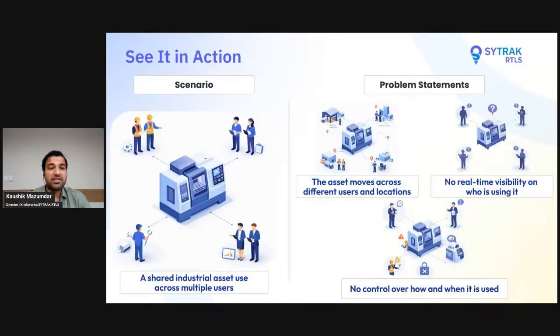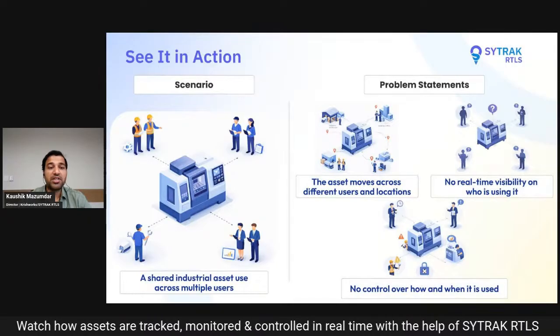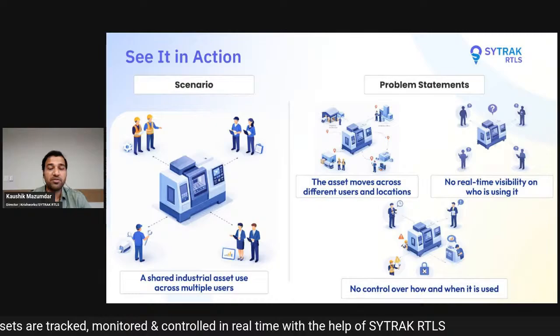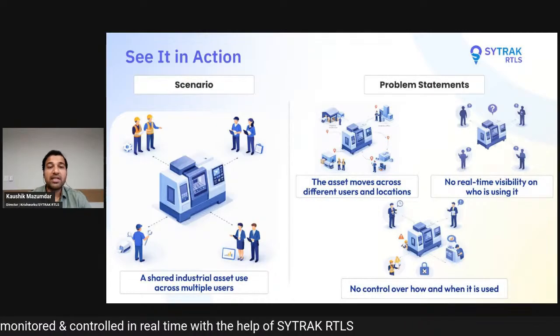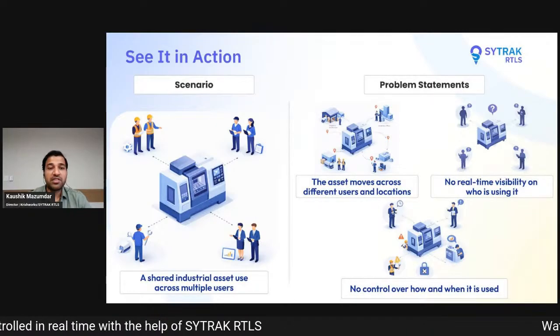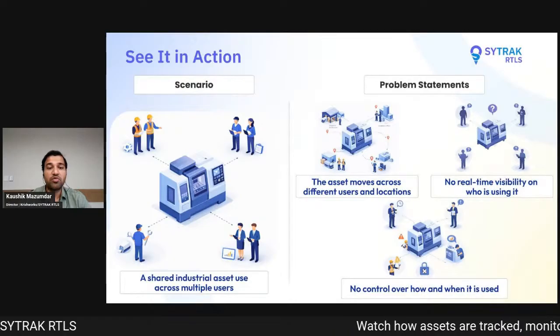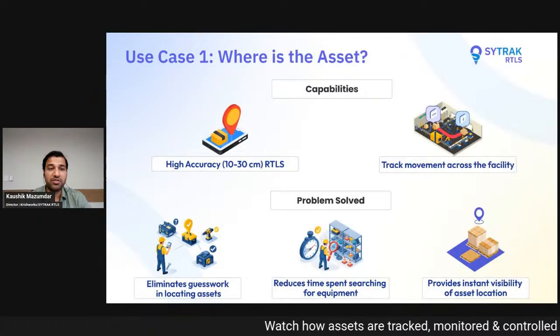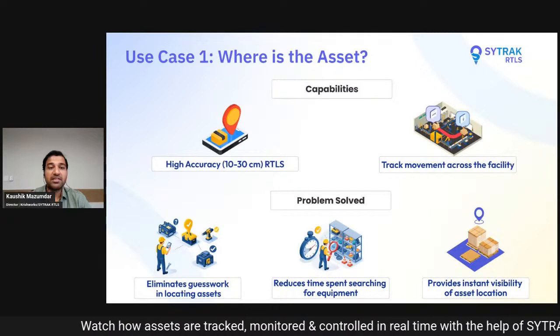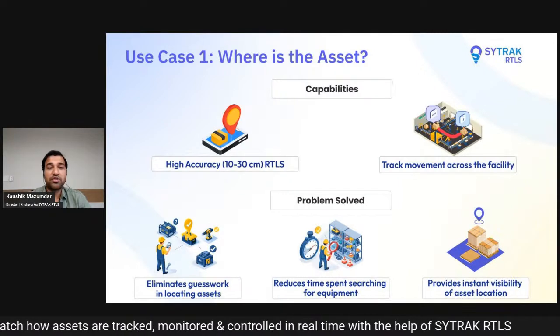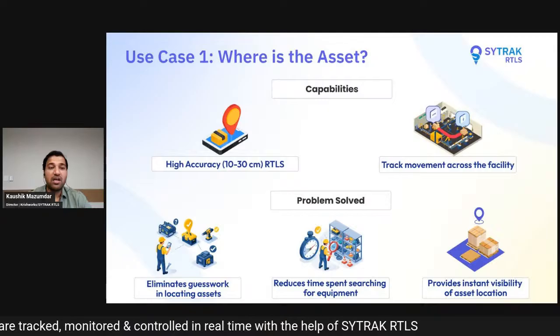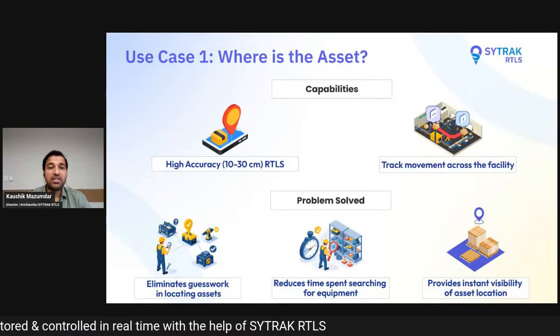In action, the scenarios would include a shared industrial asset across multiple users, and the asset moves across different users and locations. There is no real-time visibility and no control over how and when it is used. Let's look at the first use case, which is where the asset is. The capability should include live location and traceability, or trackability.